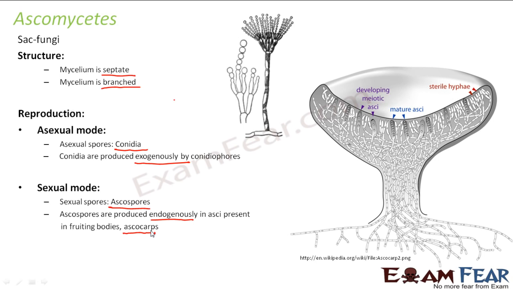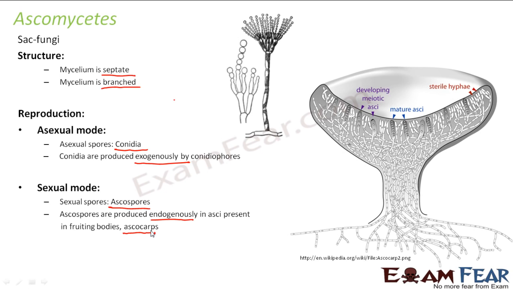They undergo meiosis to generate haploid spores, which are called ascospores. Now you just remember the general sexual cycle of any fungi. We learned that it is a three-step process. The first step is plasmogamy, the second step is karyogamy, and the third step is meiosis, right? What happens in plasmogamy? Fusion of the cytoplasm of two mating types. What happens in karyogamy?